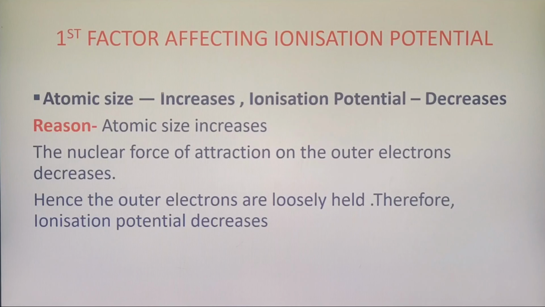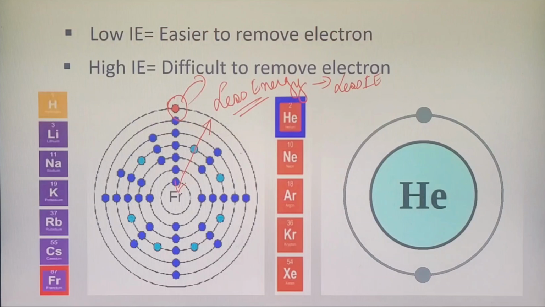Yes or no, children? So as the atomic size increases, the ionization, that is why I have asked you to remember it in terms of energy. The larger the atom, the farther away it is from the nucleus. So what will happen to the ionization potential or the ionization energy? It decreases. Now just go through the slide once, children. Because the atomic size is increasing, can you see here? Here is the nucleus. This electron has become very, very far away from the nucleus. This is clear.